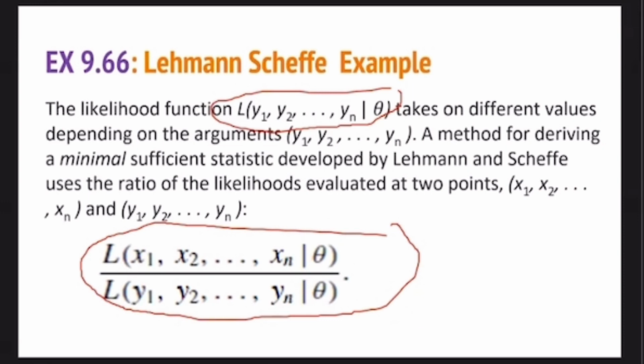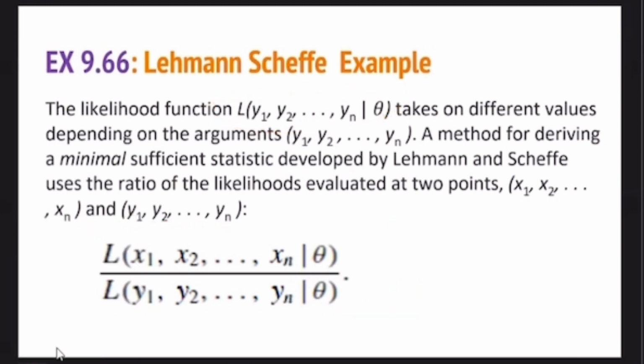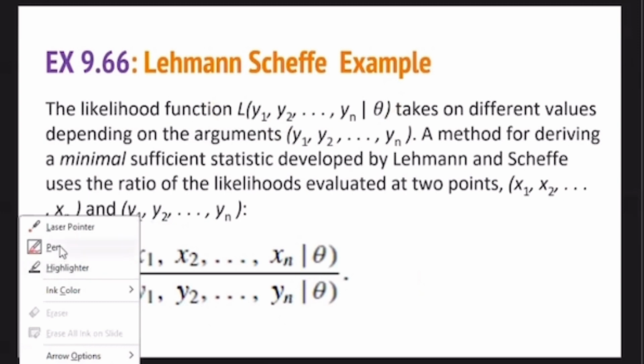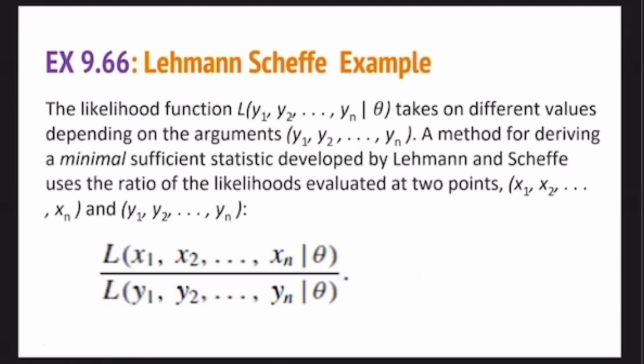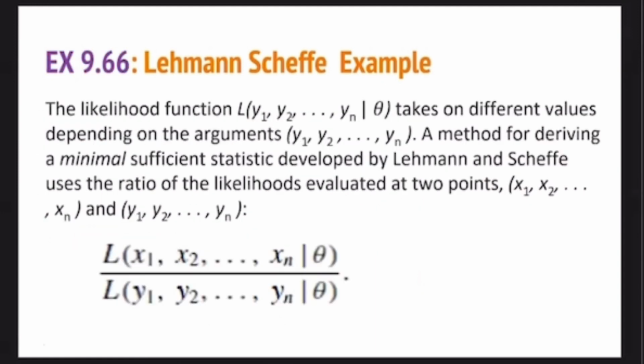Because of that, I want us to solve the example in the textbook, 9.66, and that very example talks about the likelihood function taking on different values. It says a method for deriving a minimal sufficient statistic, developed by Lehmann and Scheffé, uses the ratio of the likelihoods, just like what I said.